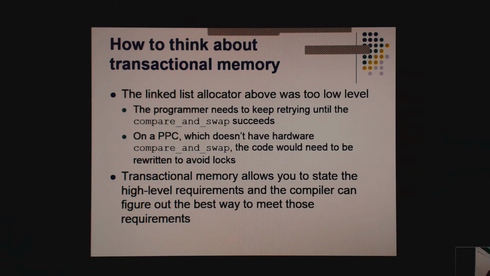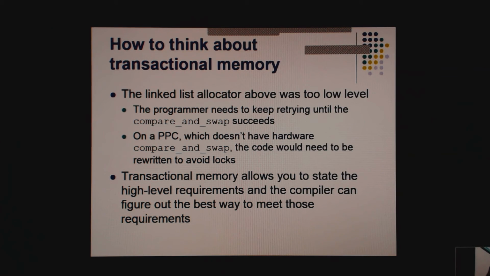But let's think about the linked list allocator. Well, it's very low level, so the programmer needed to keep doing compare and swap. Maybe compare and swap is simulated with locks on your processor.